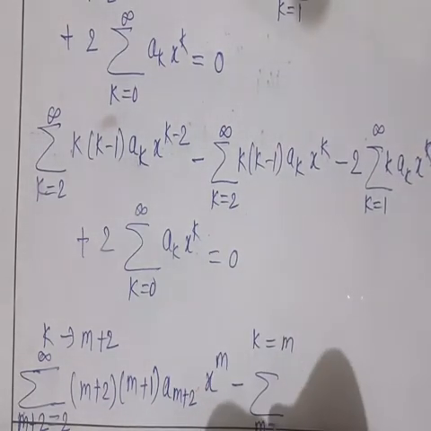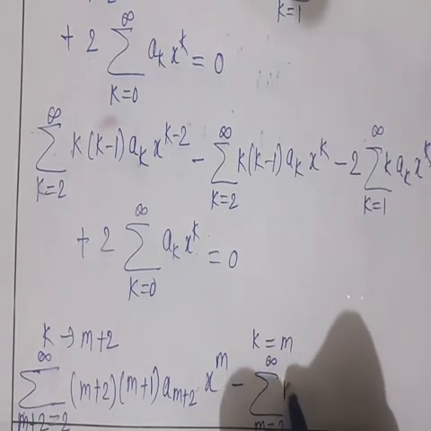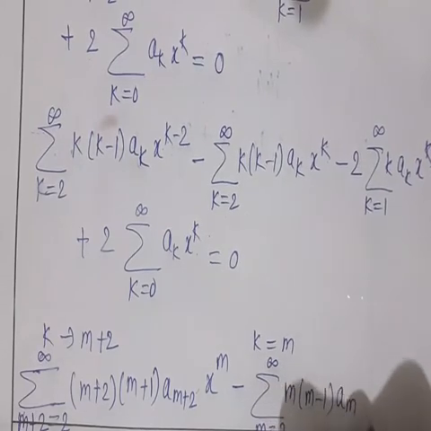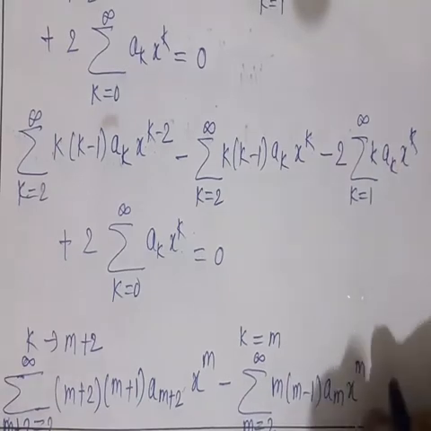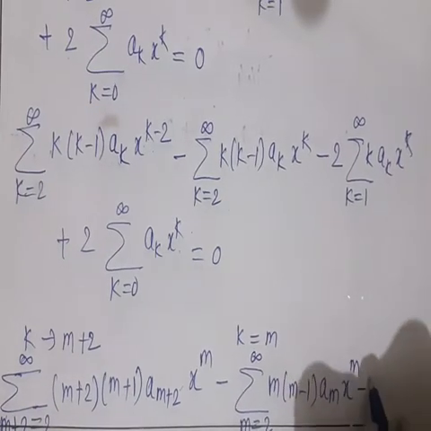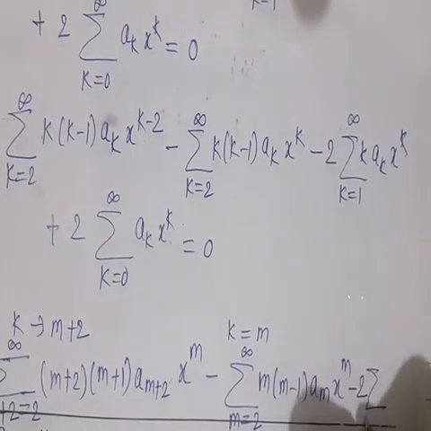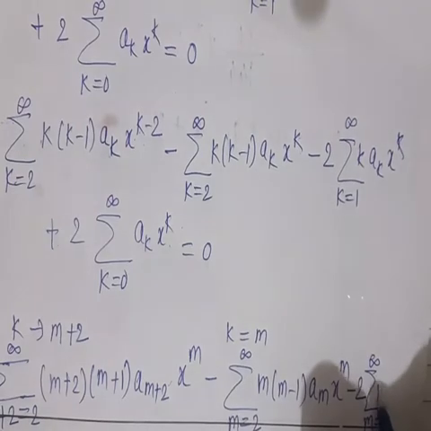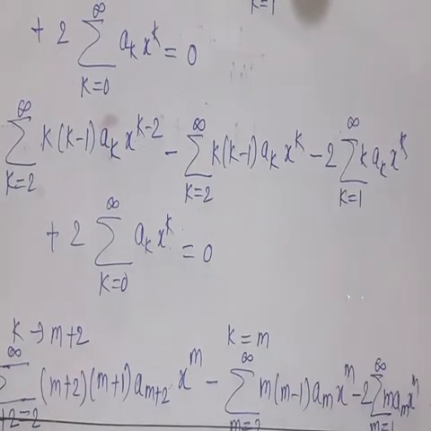So this becomes summation m is equal to 2 to infinity of m into m minus 1 multiplied by am x to the power m. Next term is minus 2 times summation k. In place of k we write m is equal to 1 to infinity m multiplied by am x to the power m.